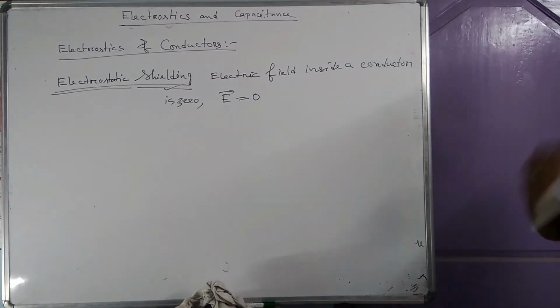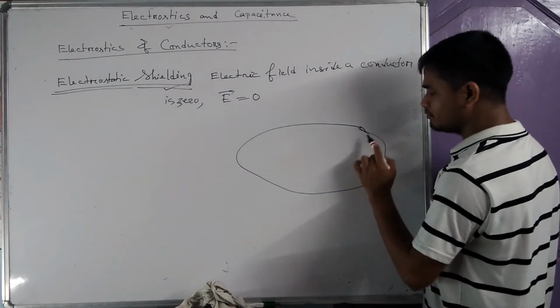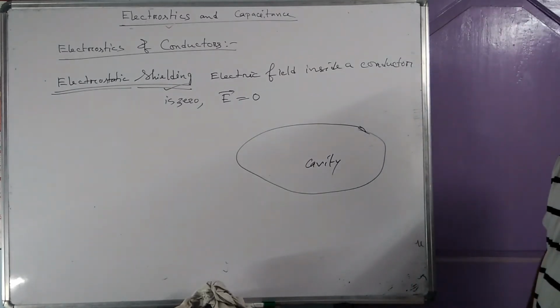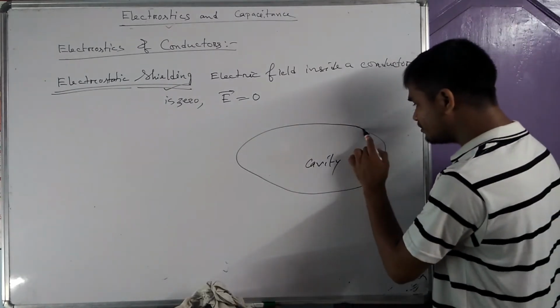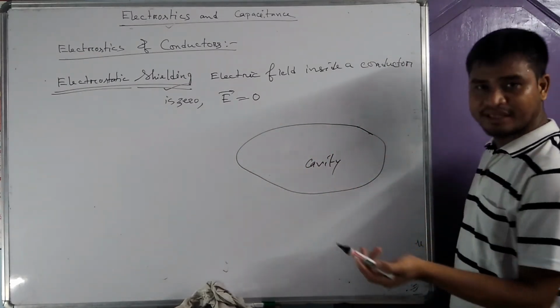If electric field is 0, then we can consider this as a cavity whose cover is metal.